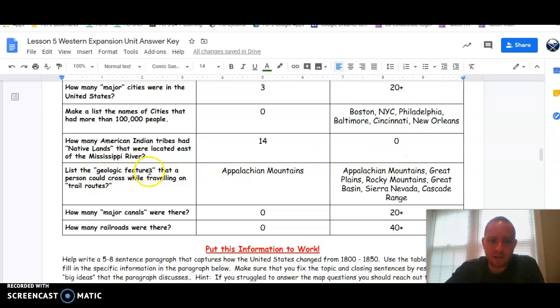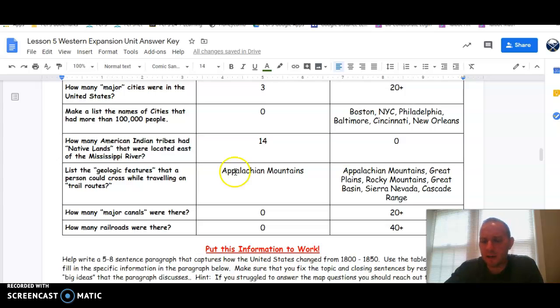List of geological features that a person could cross while traveling on trail routes. In 1800, overland trails really only went about just west of the Appalachian Mountains. If you remember the Proclamation of 1763, colonists weren't even allowed west of the Appalachians for quite some time.